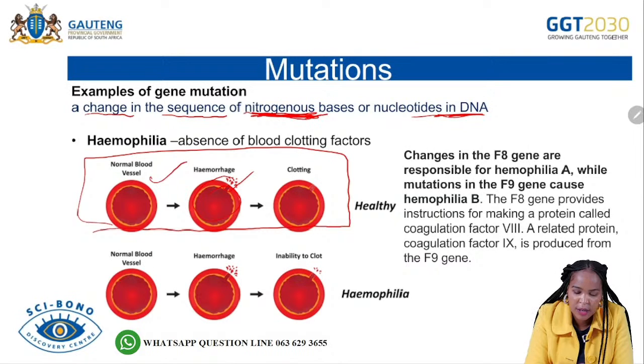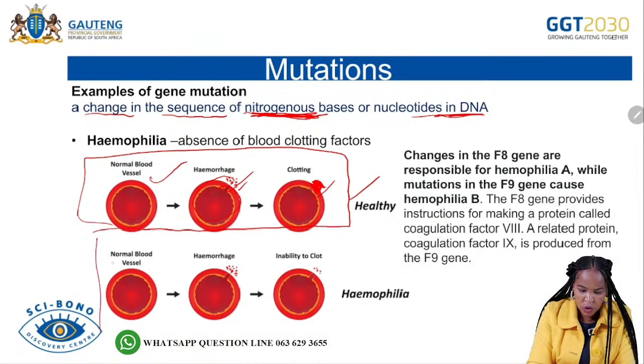They bump into something, they bleed, meaning their blood vessel gets broken and then blood comes out. And then after some time, the blood needs to stop, meaning the coagulation factor is going to come and stop, meaning the clotting is going to take place. The blood is going to stop flowing. This is under normal circumstances with a healthy person.